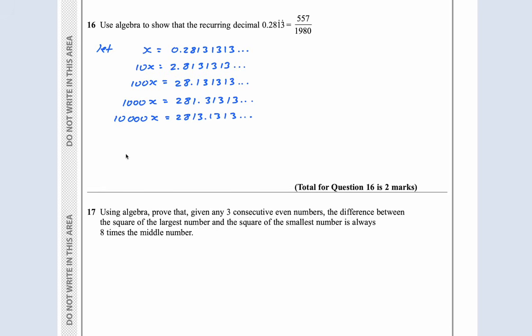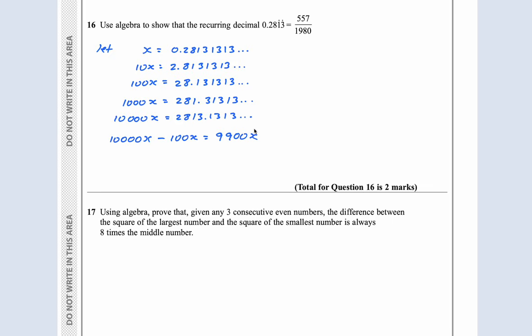decimal points. So what I do is I say 10,000x minus 100x, I'm going to do this one minus this one, is 10,000 minus 100 is 9,900.